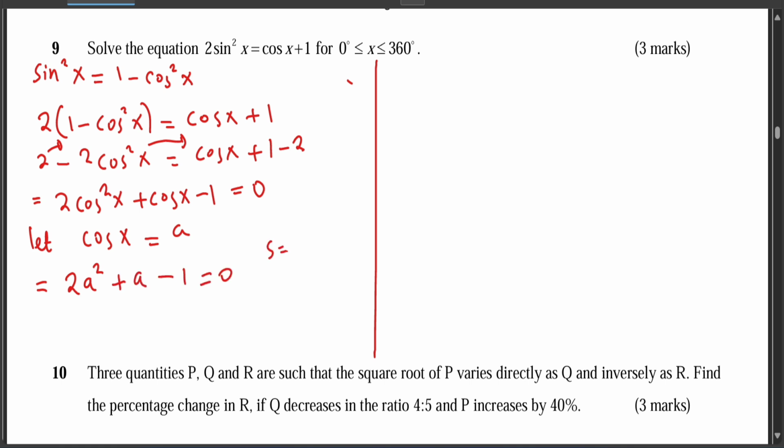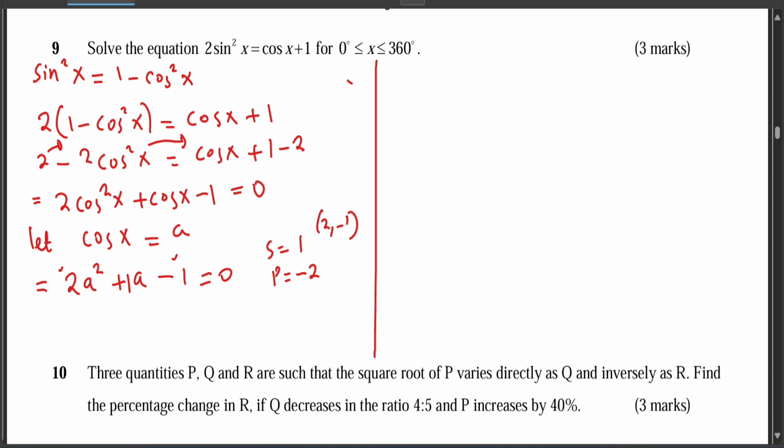So your sum ni hii number ambayo iko katikati, which is 1, and your product is 2 times -1, which is -2. So which are the two numbers that if you add them gives you 1, and if you multiply them gives you -2. So most probably is -2. No, I think it's 2 and -1.